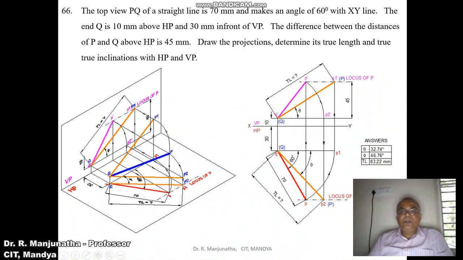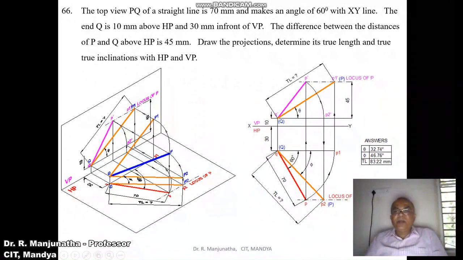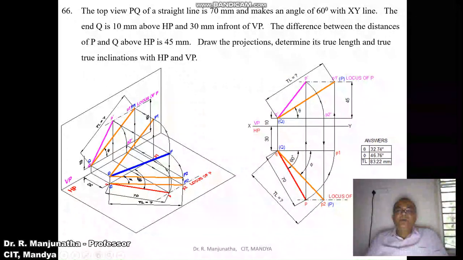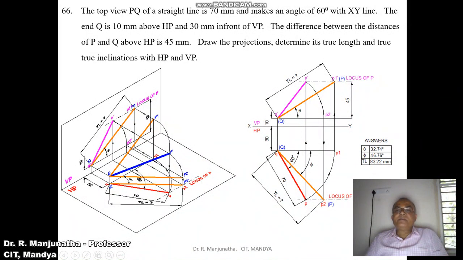As you know, QP1 is the line parallel to XY in the top view, so its corresponding front view will be in true length. From P1, you draw a vertical projector such that it cuts the locus of P in the front view. You mark this point as P1 dash. Then join Q dash P1 dash a little bit thicker than the XY line. This is going to be the true length line.